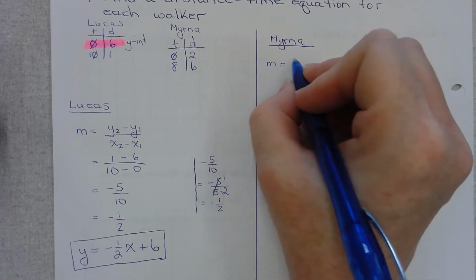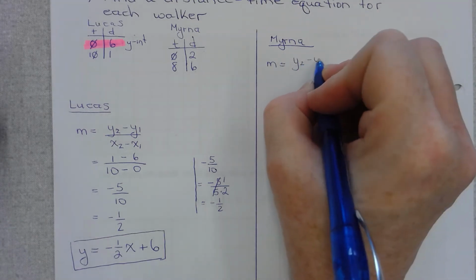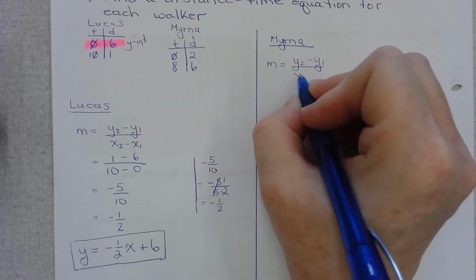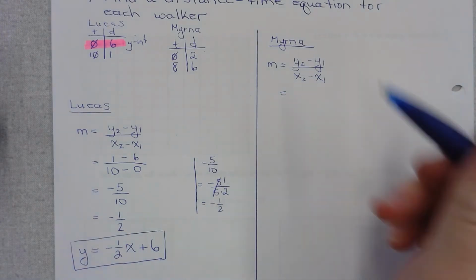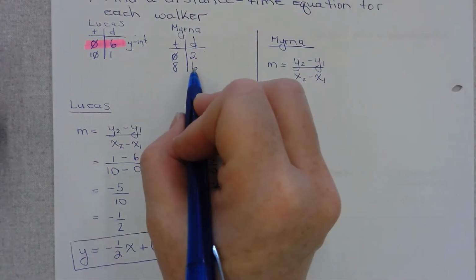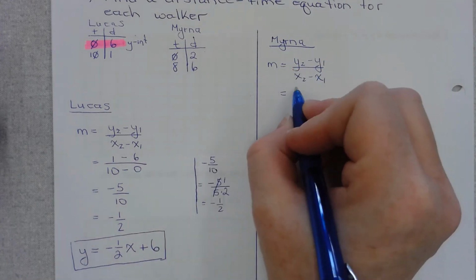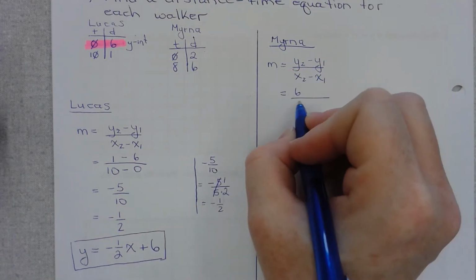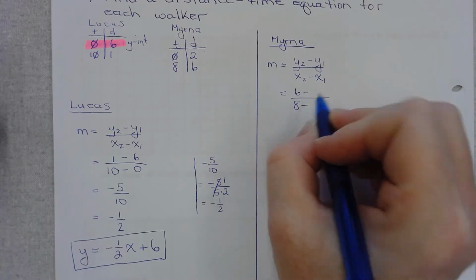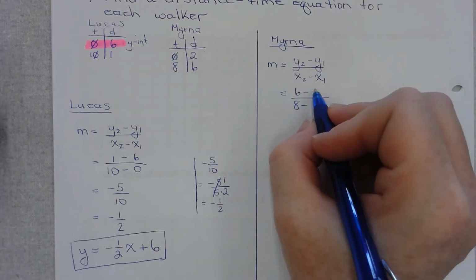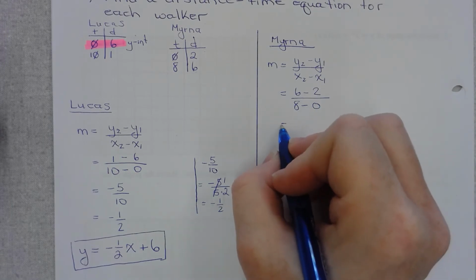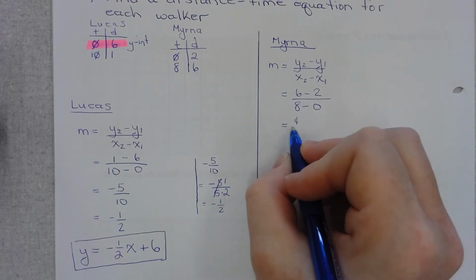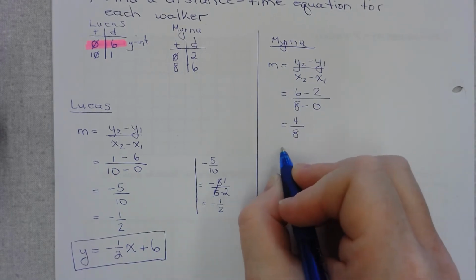So I can use my slope equation. In this case, I take the second y, so 6, over the second x, which is 8, and then I'm going to subtract this first set of coordinates, so the y is 2, and the x is 0. So 6 minus 2 is 4, and 8 minus 0 is 8.